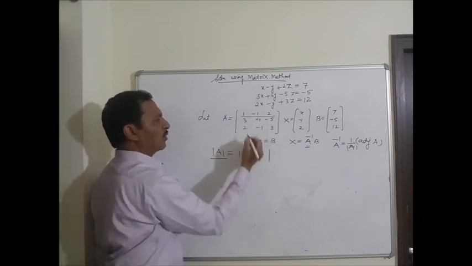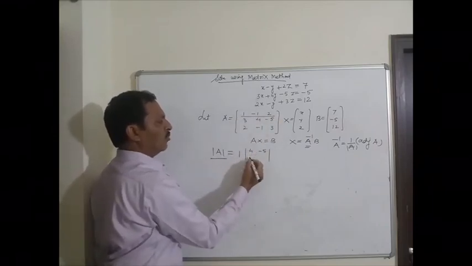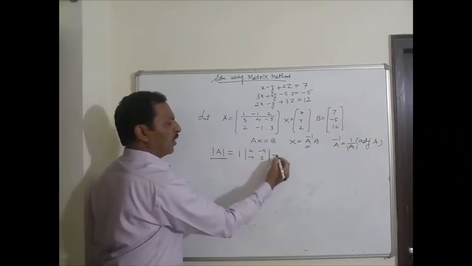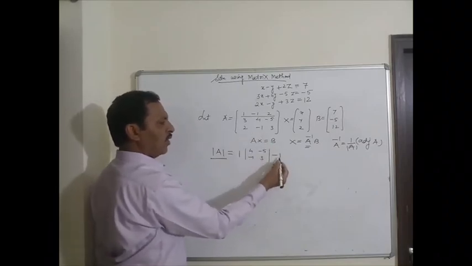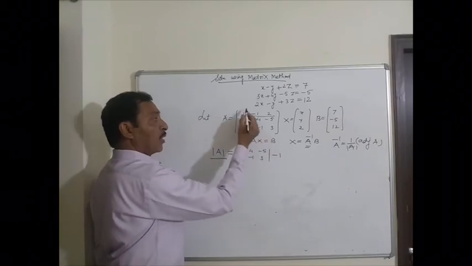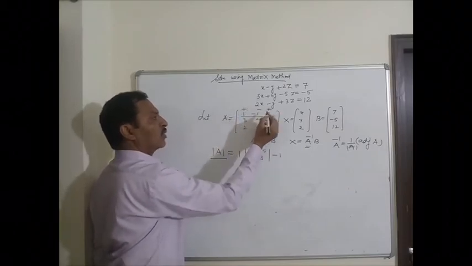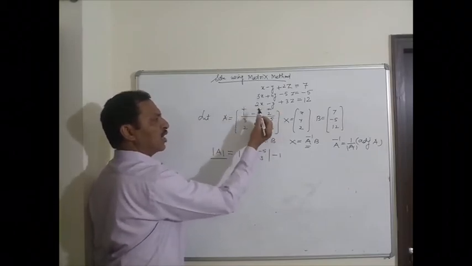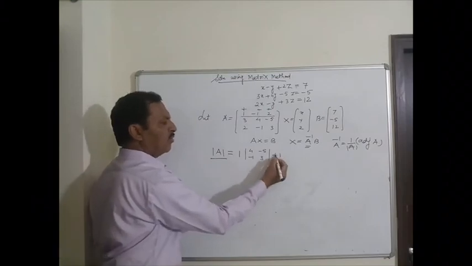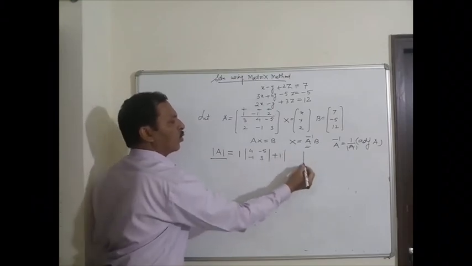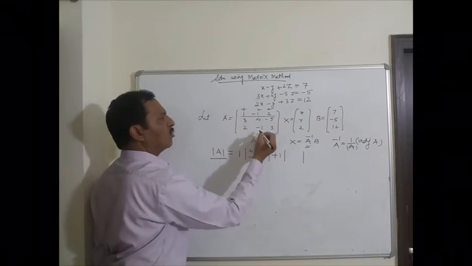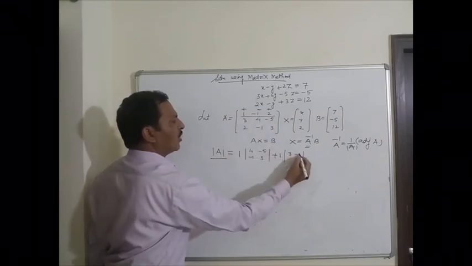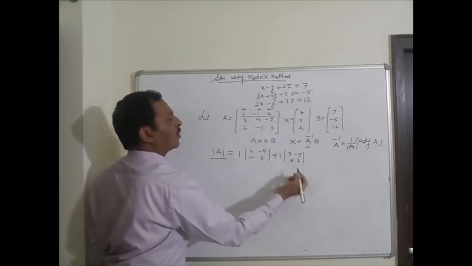What is its cofactor? 4, -5, -1, 3. Minus, the element is -1. And what is the sign for the cofactor? Plus, minus, plus. So the sign is also minus. That minus will make it plus. And what is the cofactor? Row deleted, column deleted, it is 3, -5, 2, 3.